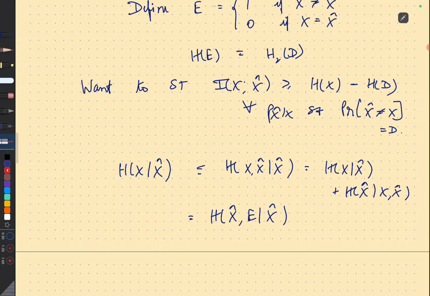A little more than that, you're close. Basically, there's a bijection between x hat and x hat e. If I tell you the value of x hat and e, then you know the values of both x and x hat, and vice versa.